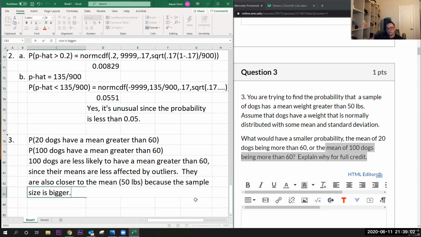But yeah. What would have a smaller probability? I guess we didn't answer the question. So 100 dogs would have a smaller probability.